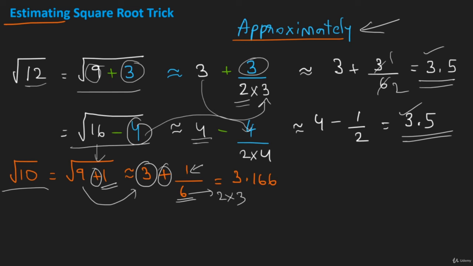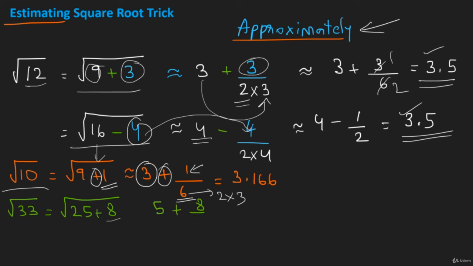All right, now let's do a few more questions. Say you want to find out square root of 33. So I can write that as square root of 25 plus 8, right? Because 25 is the square of 5 and it's very close to 33 over here. Now this can be approximated as 5 plus 8 divided by 2 into 5.